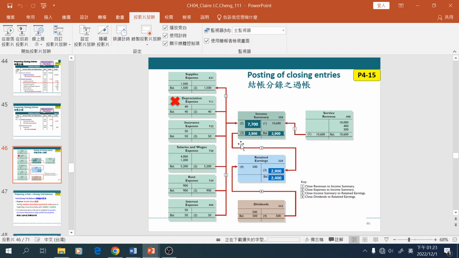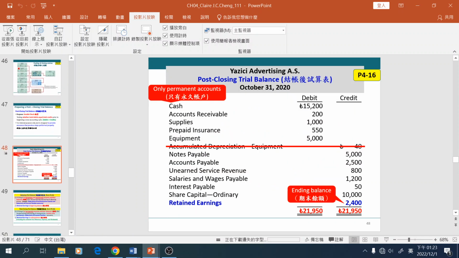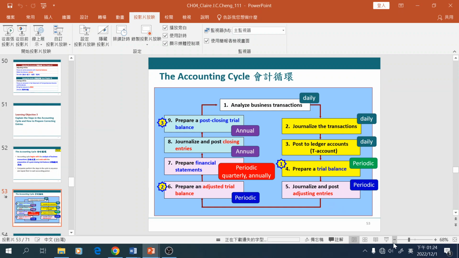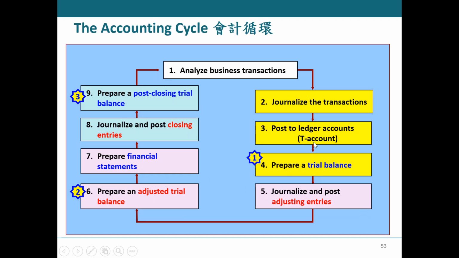Then we've done already all the accounting cycles. So you can go to slide 53. This is the whole accounting cycle we have from chapter 1, 2, 3, and 4. So what's the first step?